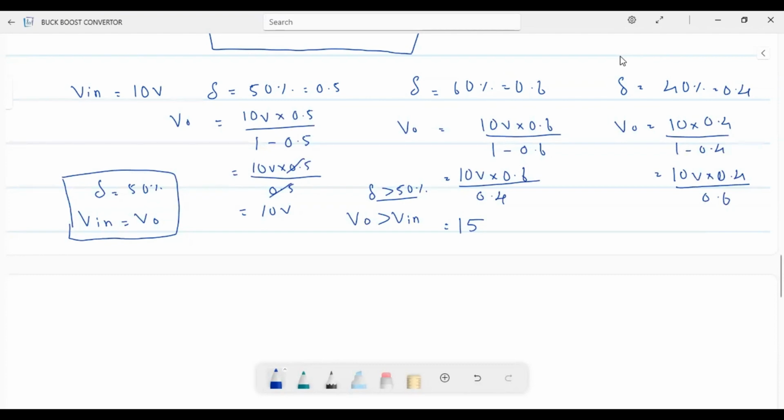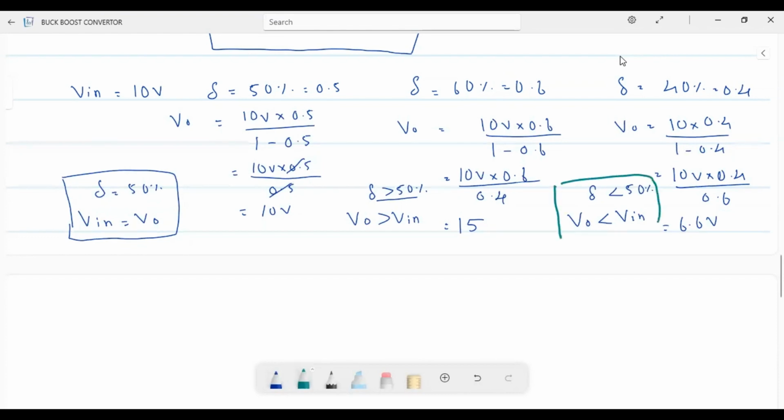So what will be the answer? It will be equal to around 6.6 volt. Here we can see V out is less than V input. That means when duty cycle is less than 50%, V out will be less than V input.